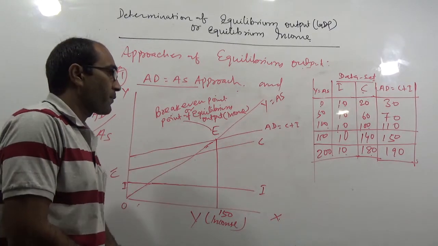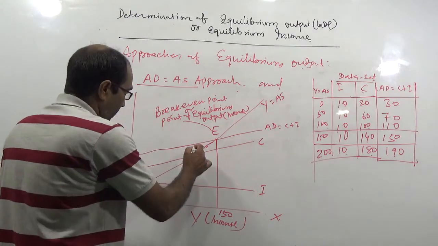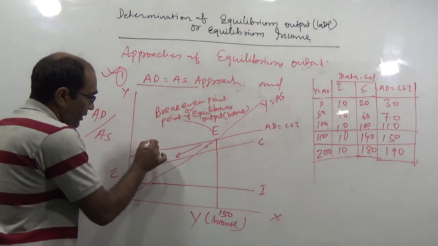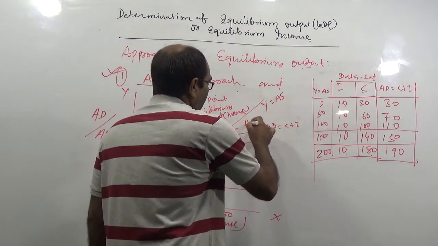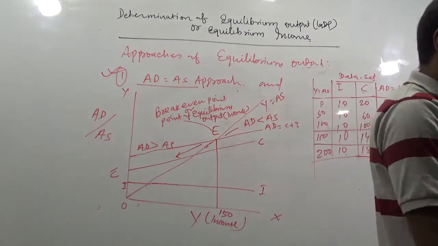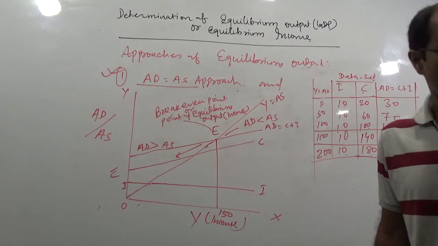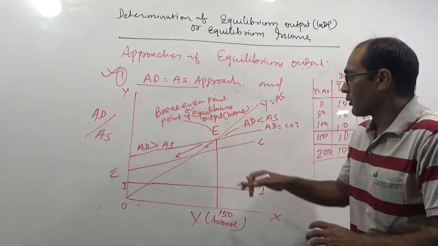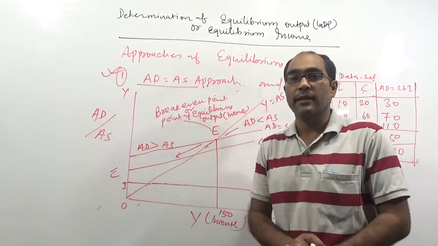See what happens before and after the equilibrium. In this area, our AD is greater than AS, but in this area AD is less than AS. So we get three possibilities. Before E, our AD is greater than AS.